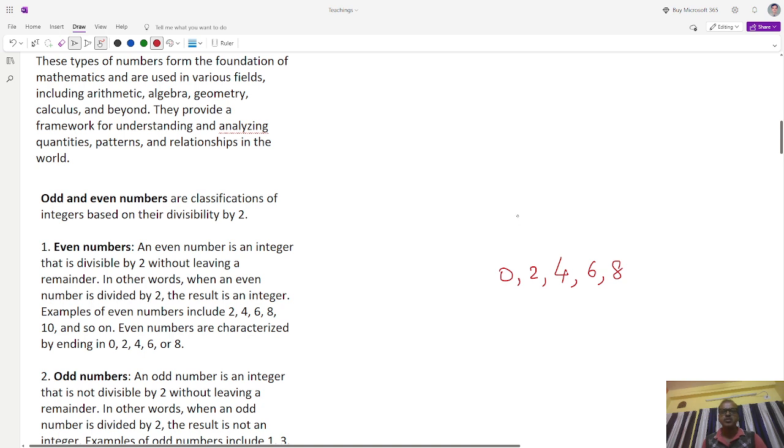Suppose, for example, we take 1257. For this number, 7 is the unit digit. It is not equal to 0, 2, 4, 6, 8. So it is an odd number.